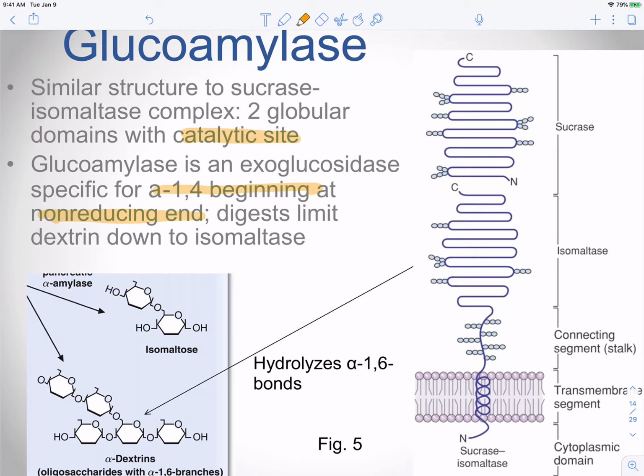And it's going to take those limit dextrins down to isomaltose. So it's going to work on what the alpha amylases left off and generate the isomaltose. It doesn't work on that 1,6 bond, for example. There is another site on the glucoamylase that can hydrolyze the 1,6 bonds. And then so that will leave it to monosaccharides, and then they can get absorbed.